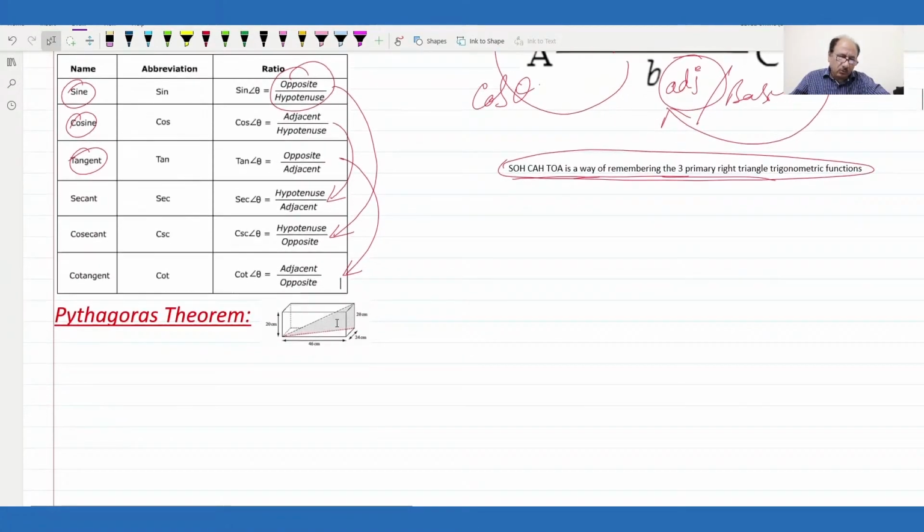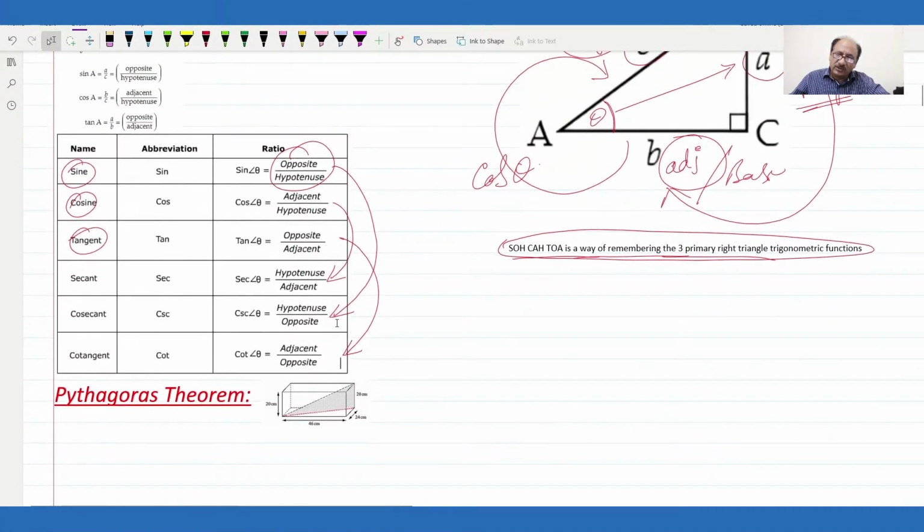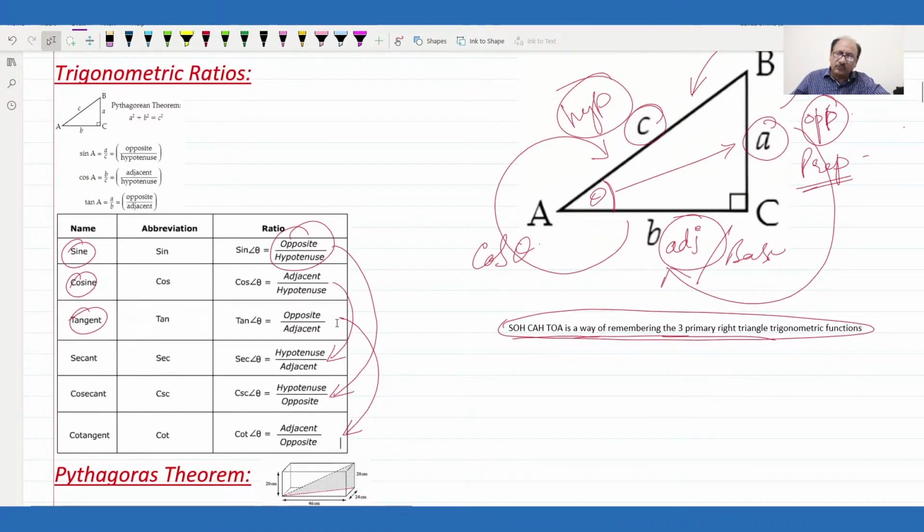Now we can go ahead with the Pythagoras theorem. What is Pythagoras theorem? First of all, you will have to keep in mind Pythagoras theorem is only for right angle triangles. You cannot apply it to any other type of triangle which is not right angled.